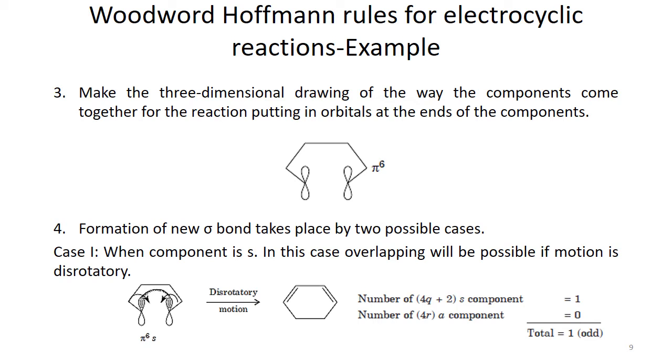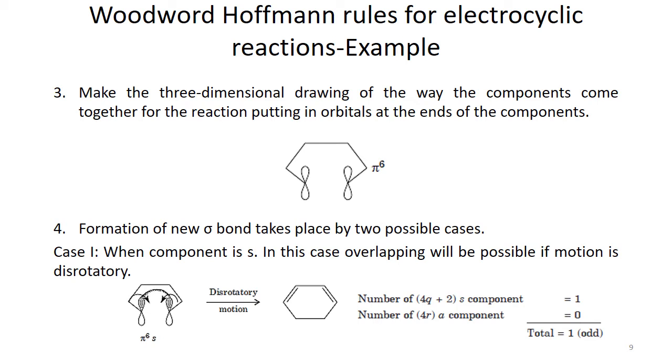Next, the formation of the new sigma bond takes place in 2 possible ways. One is that we make this orbital diagram and consider the suprafacial interaction of these 2 orbitals. When the interaction is suprafacial, the component is S, so the pi 6 system is pi 6s.